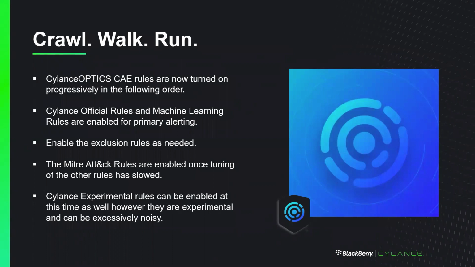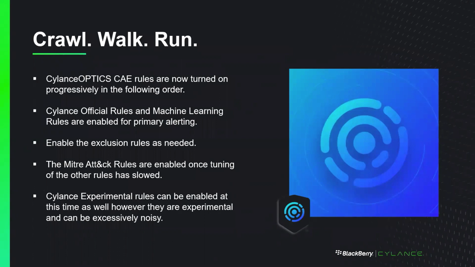So make sure that as you're tuning these ATT&CK rules, you're choosing different components that apply to the applications and the functionality of that particular machine. The MITRE ATT&CK rules and guidelines are definitely good and valuable, but they need to be tuned just like anything else within Optics. And once you have the official rules and the machine learning, you make the exclusions that are necessary. The ATT&CK rules are the next set that you want to start looking at.